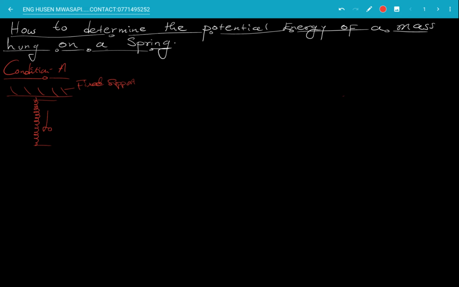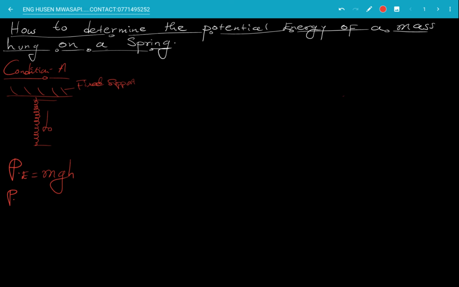But now what you have to understand is this. Due to the fact that there isn't any mass attached to this spring, because as you see here, this only has an extended length, there's no extension. So if we were to find the potential energy in condition A, we know potential energy is mass times gravity times what? Height. Here the height is length initial.